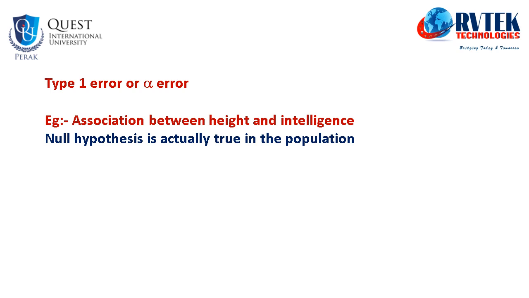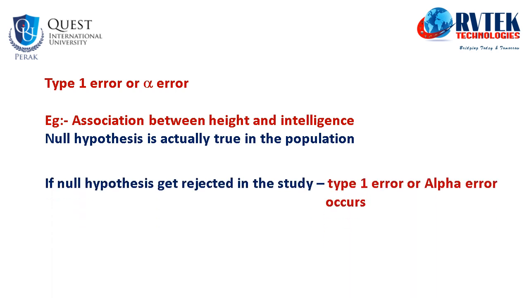But if in your study you get an association between height and intelligence, and you are rejecting the null hypothesis in your study, that is known as type 1 error or alpha error.